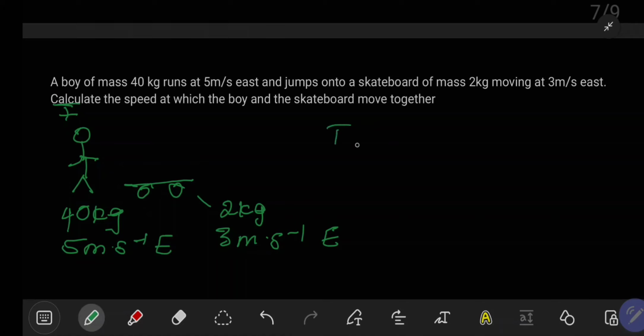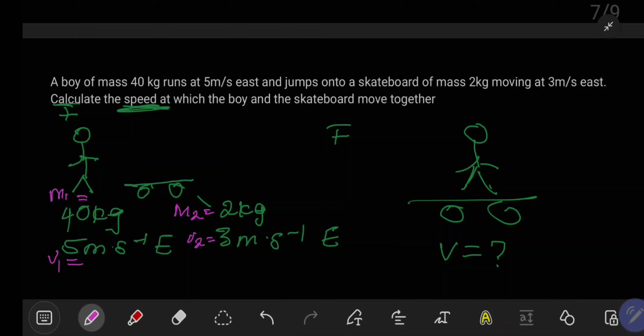So initially mass 1 was 40, and mass 2 was 2. Our v1 was 5 meters per second, our v2 was 3 meters per second, and we take east as positive. Now the boy jumped on the skateboard.